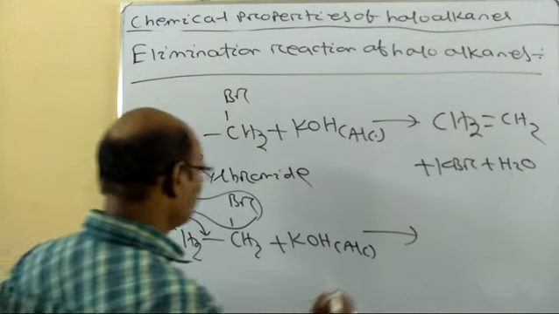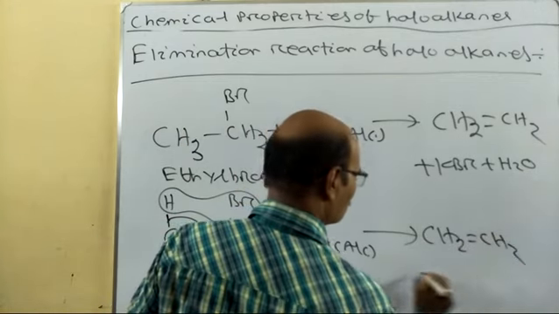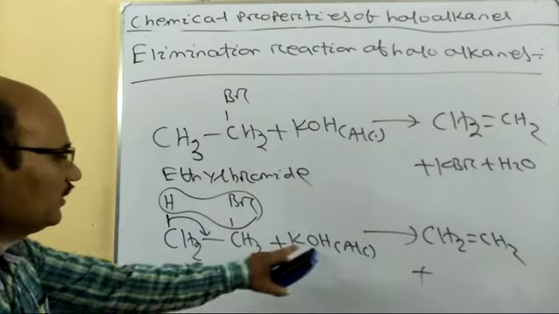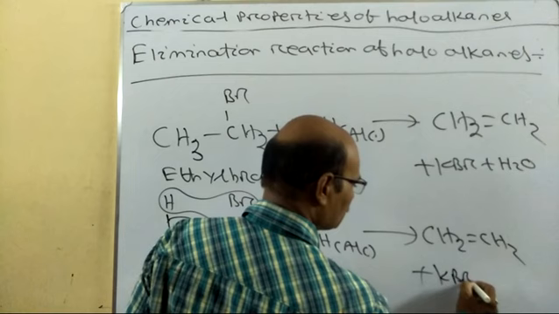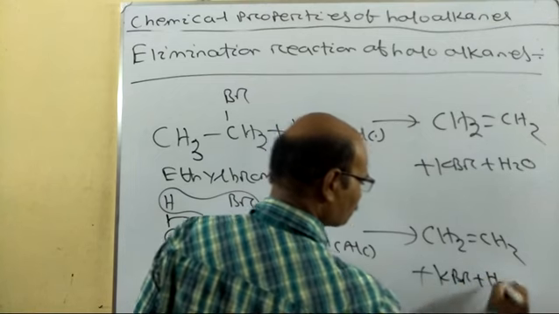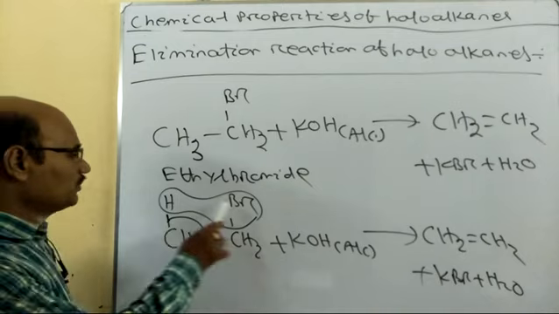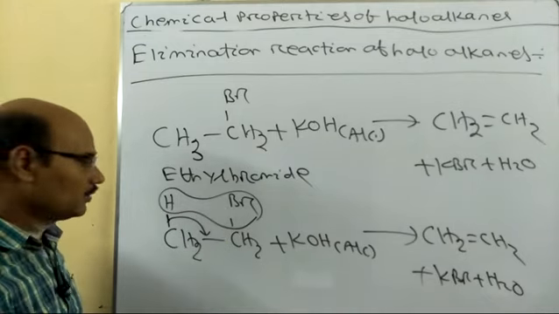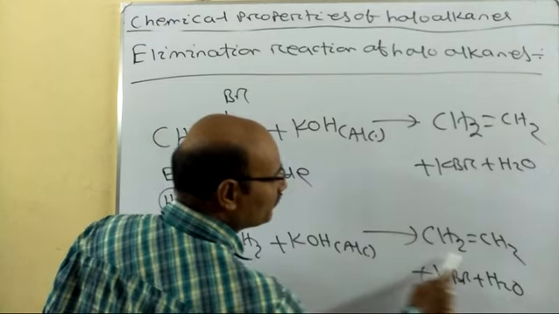I am getting CH2=CH2. Now this HBr and KOH react to give KBr plus H2O. So in this reaction, two atoms are removed, forming an unsaturated compound, an alkene.